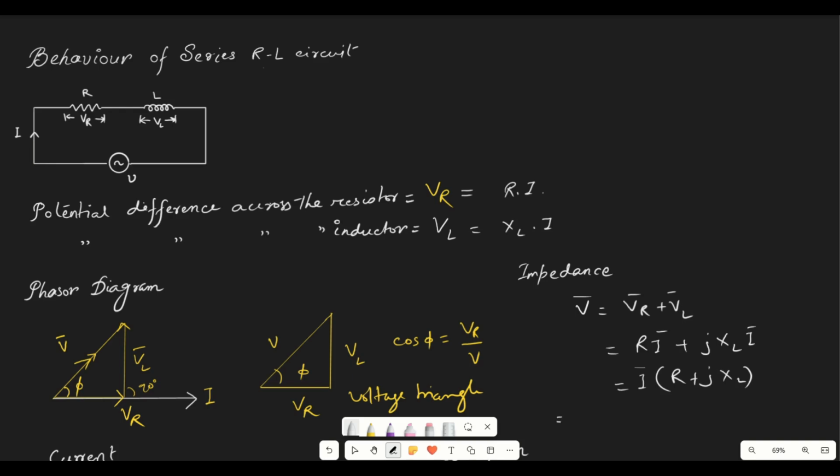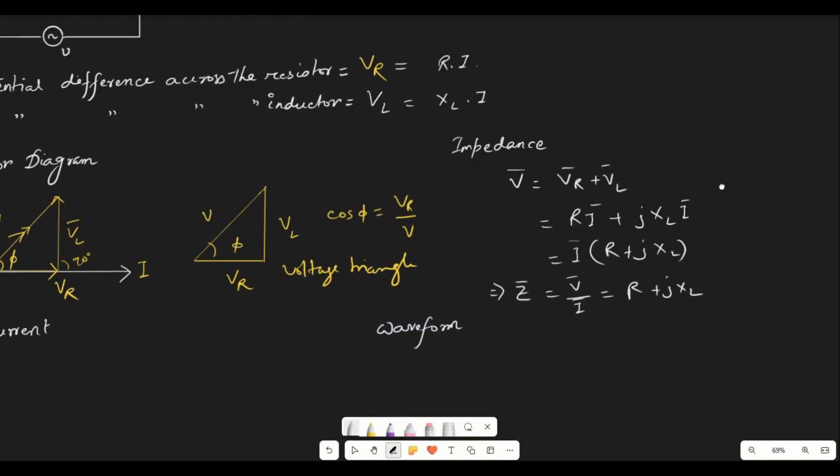Now Z is nothing but V by I, which equals R plus j XL. From this, the magnitude of Z is the square root of R square plus XL square, where XL is omega L, and the angle is tan inverse of XL by R, which is omega L by R.